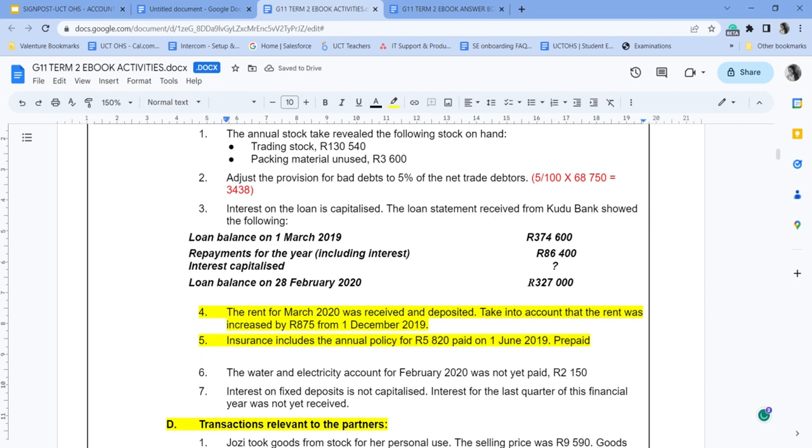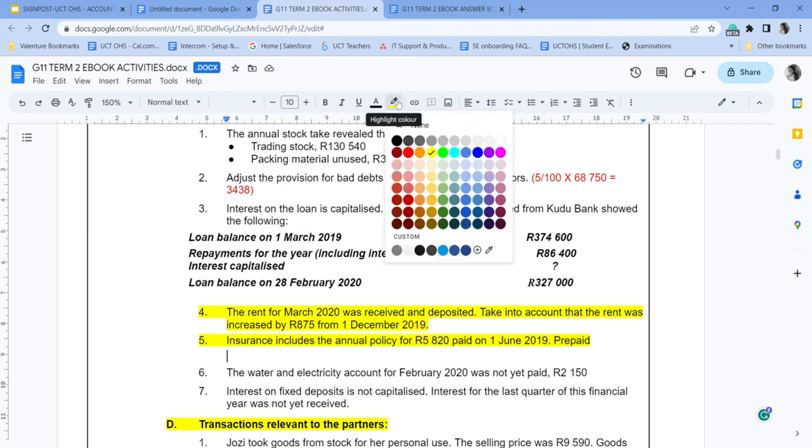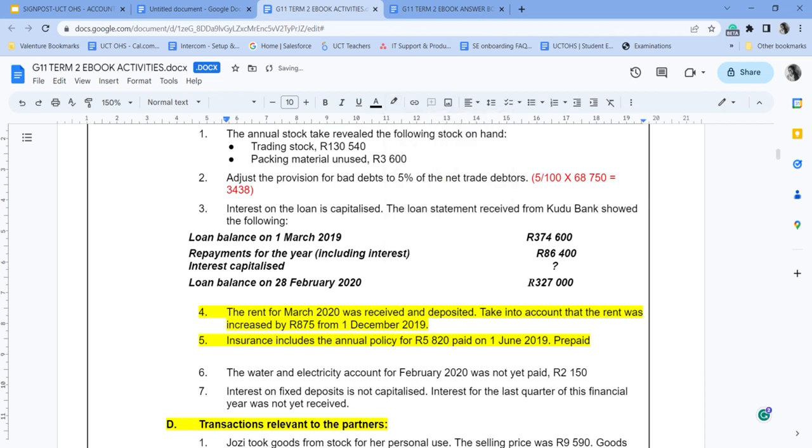Okay, so here again, I will advise you to use the same strategy that you were using when we were calculating the rent income and all of that. Just to make it easy, you will just put in your before.